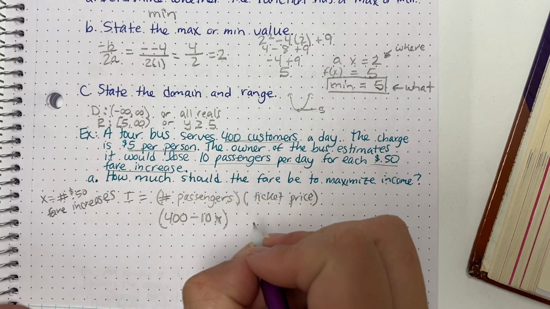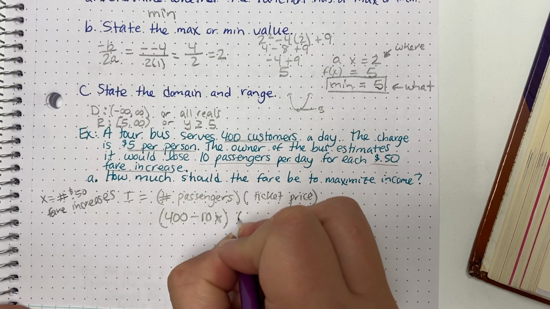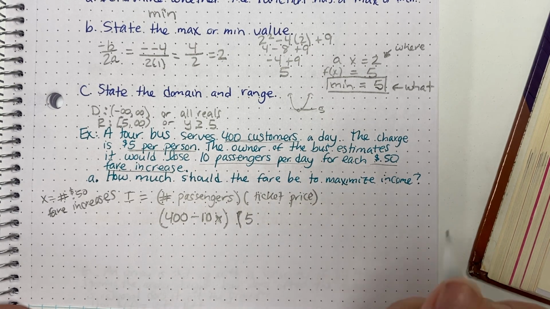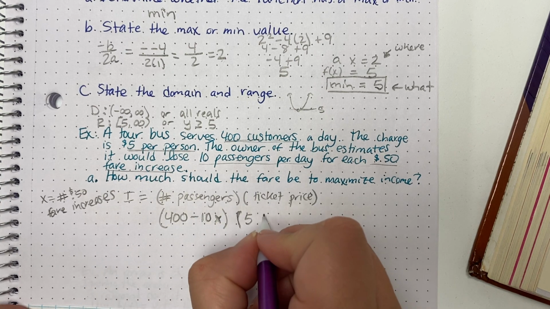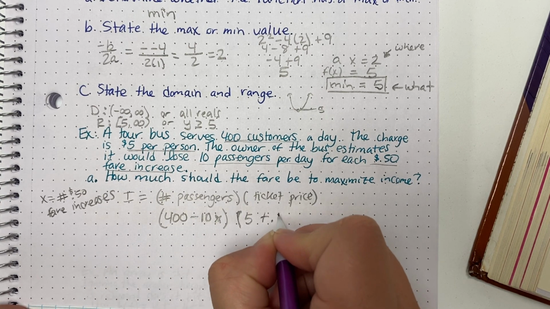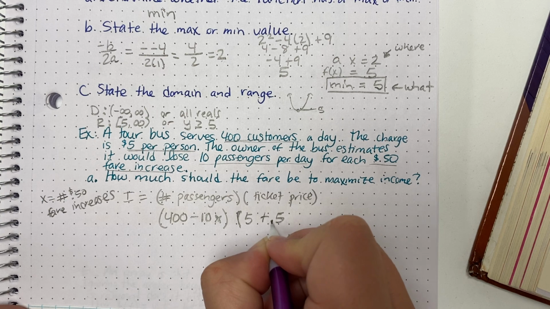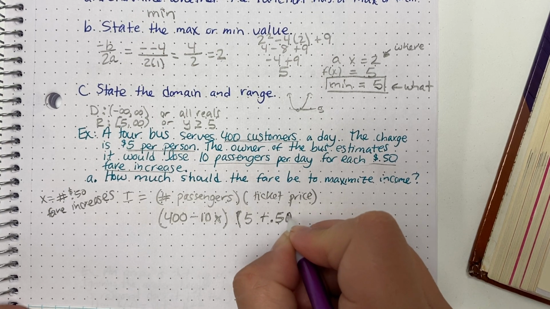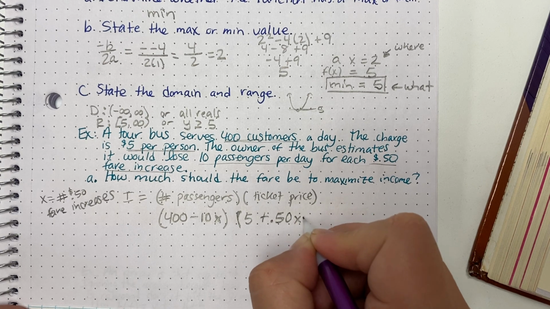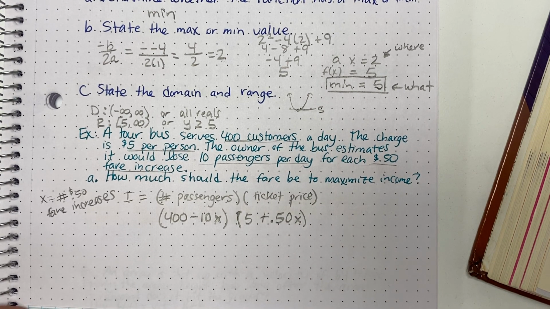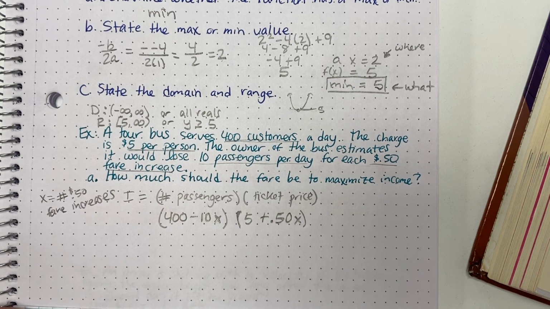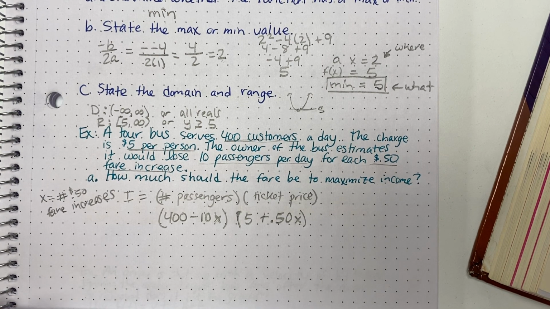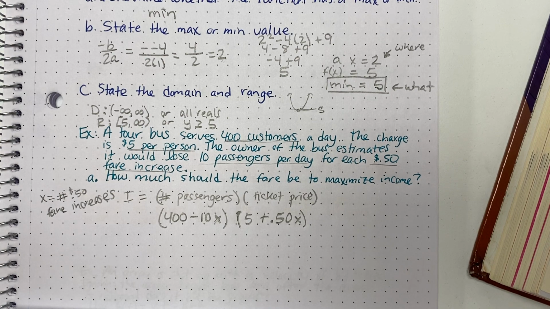On the other end, our ticket price starts at $5 and it says it would increase 50 cents per fare increase. Right now I don't actually have a quadratic yet, but I can make one.